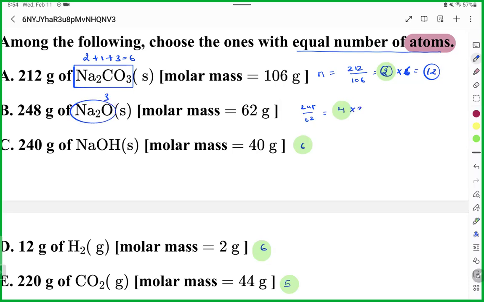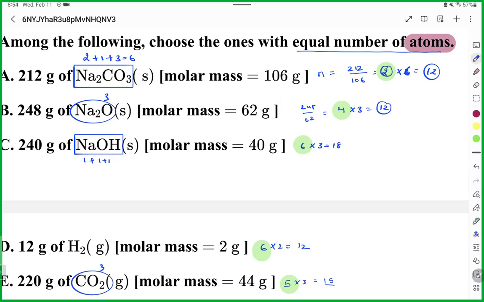So multiply by 3. Here total number of atoms 4. No, sorry, 3. 1 sodium, 1 oxygen and 1 hydrogen. Total 3. Here 2 hydrogen and here 1 carbon, 2 oxygen. Total 3. So multiply by 3.